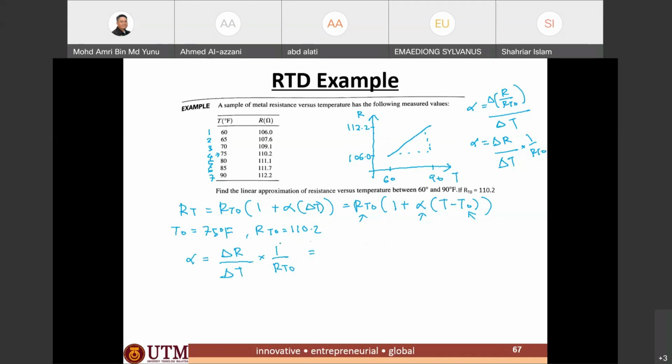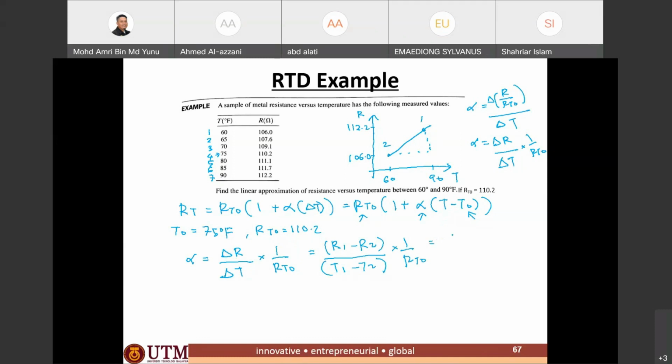Let's say we choose this as our first point, and this is our second point. So R1 minus R2 over T1 minus T2, multiplied with 1 over RT naught.